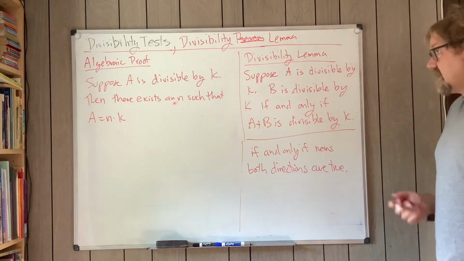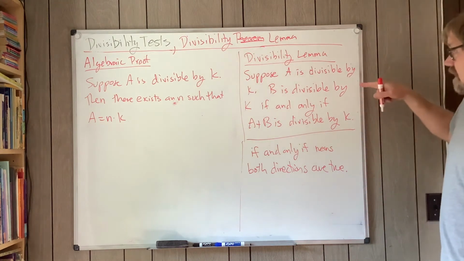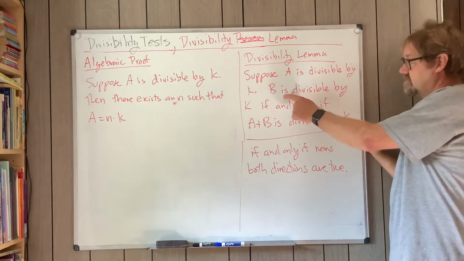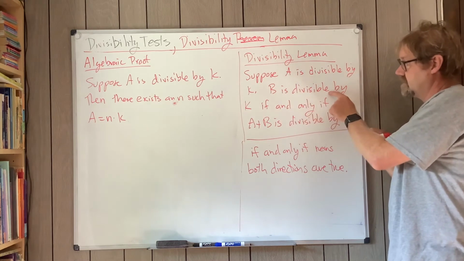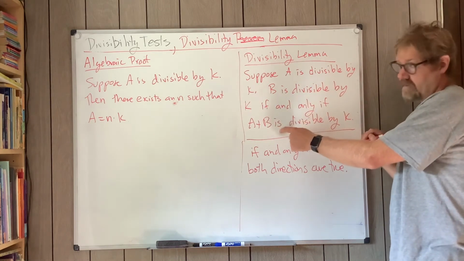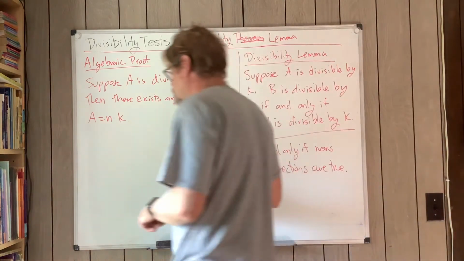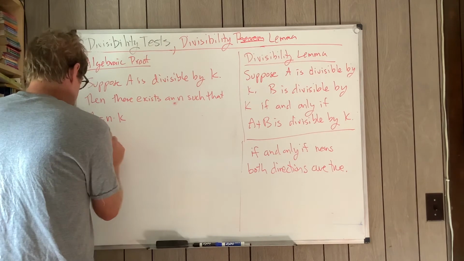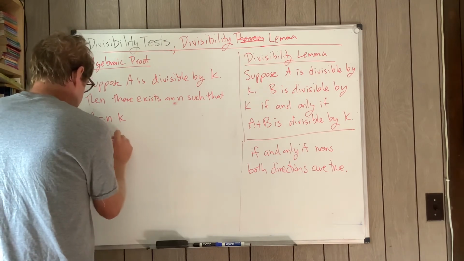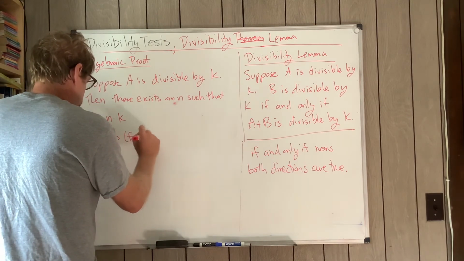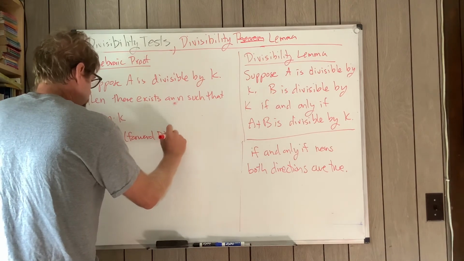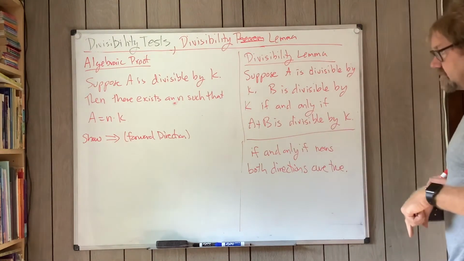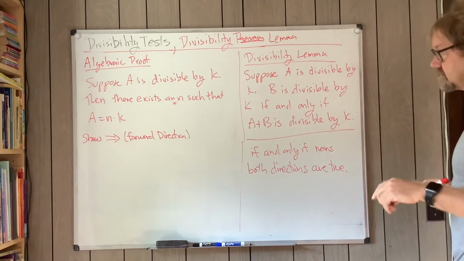All right. Now, let's say the same thing. I'm going to have to do this in both directions. If B is divisible by K, we want to show that that's true. So we're going to show what's often the forward direction, which we often use a right arrow to indicate, with a double line. I'm not going to get into all the notation on this.